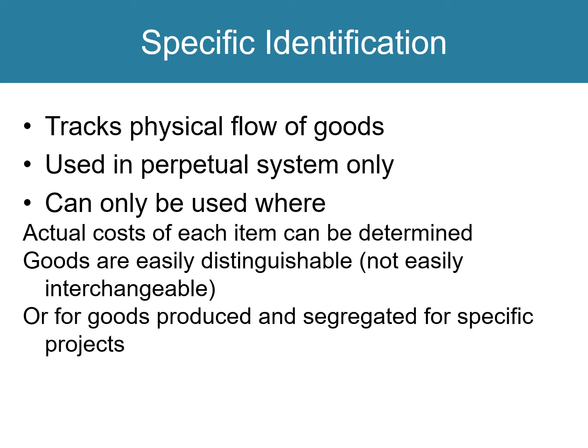Another example, think of an art dealership. If you were to go to an art dealer, do you think the art dealer will know the cost of each of their prized artworks? Yes, and that is so because they're easily distinguishable. So again, the actual cost of each item can be determined, and the goods produced and segregated for a specific project.